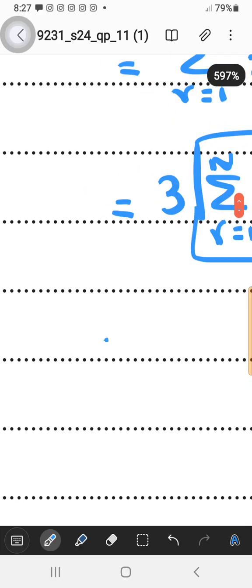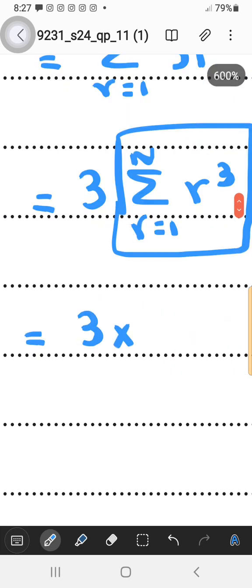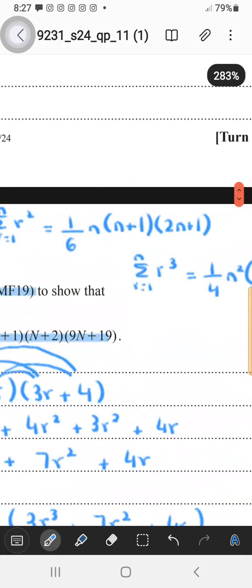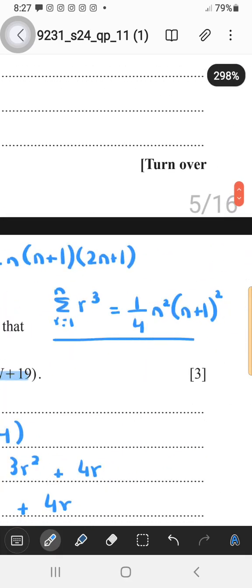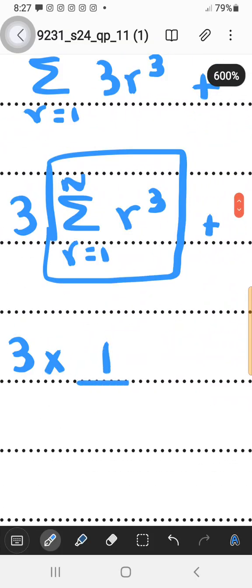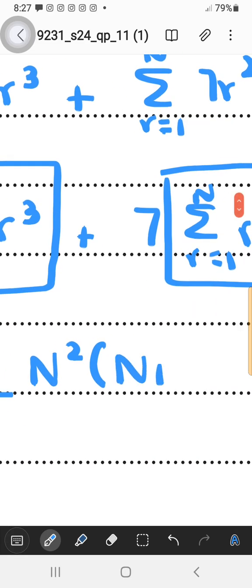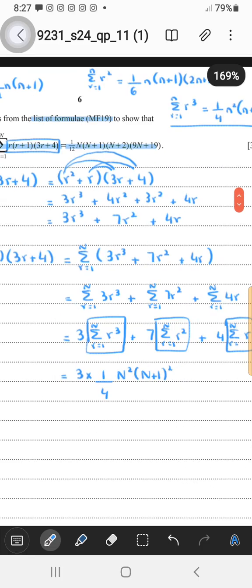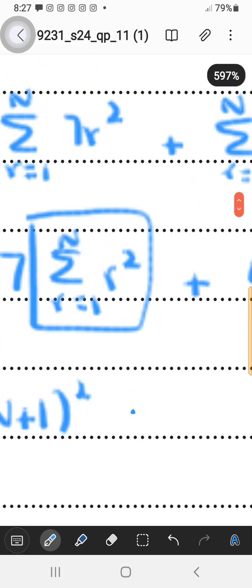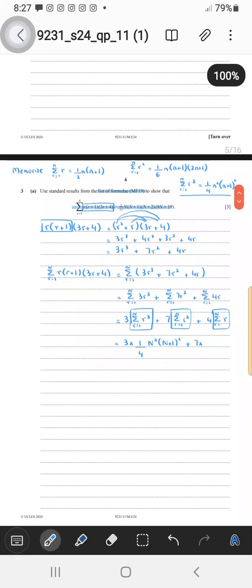Now we will write 3 multiplied by the sum of r cube, which is equal to this, 1 upon 4 capital N square n plus 1 whole square. Okay, then we will write plus 7 multiplied by the sum of r square.